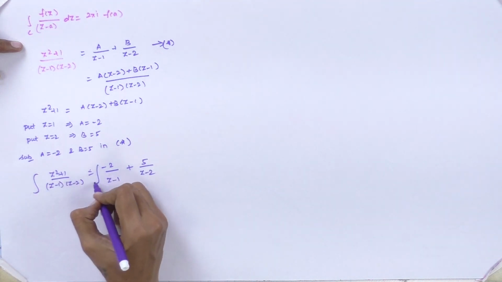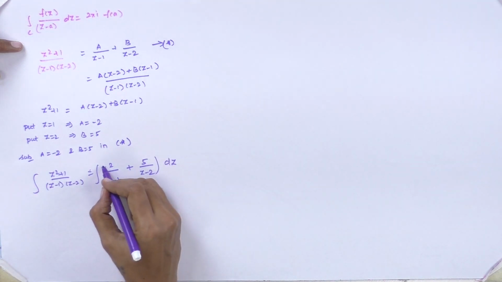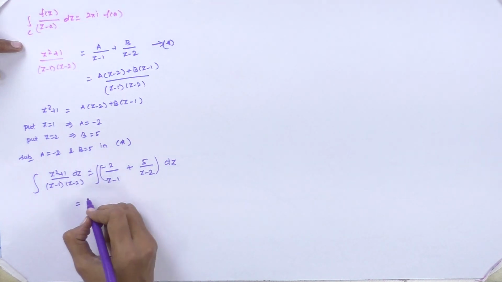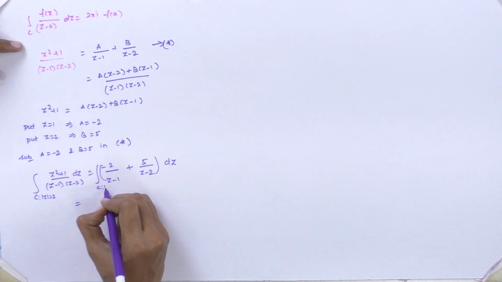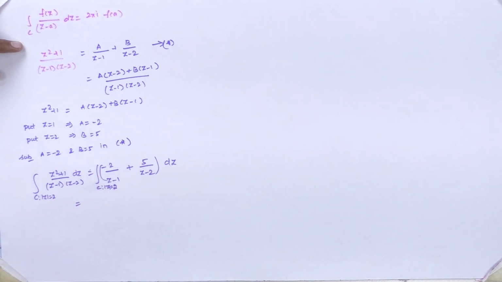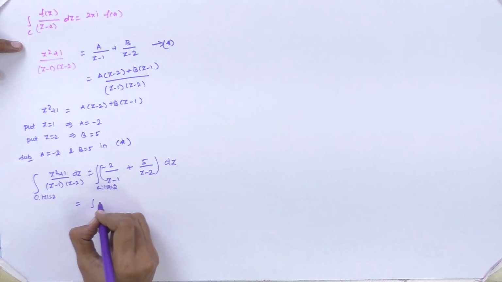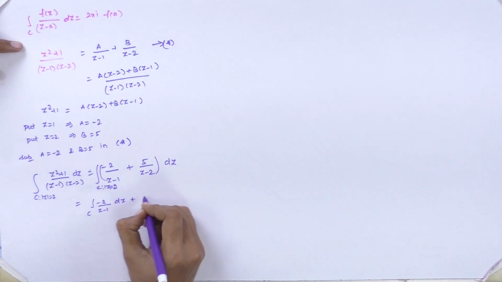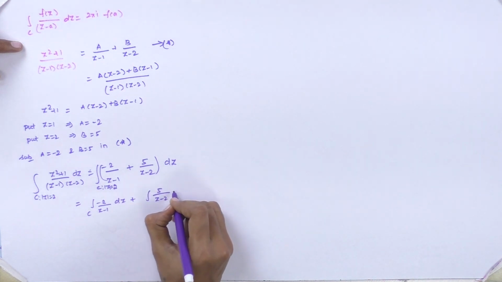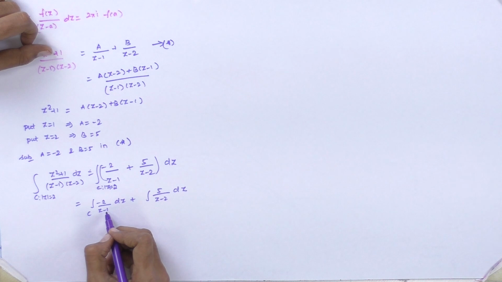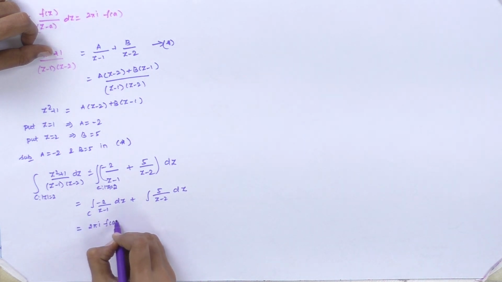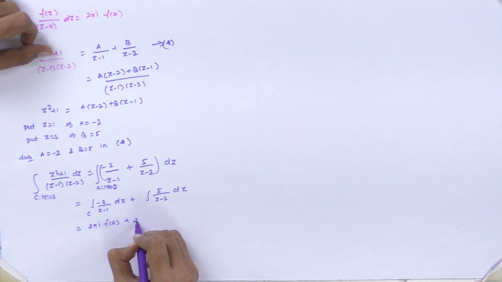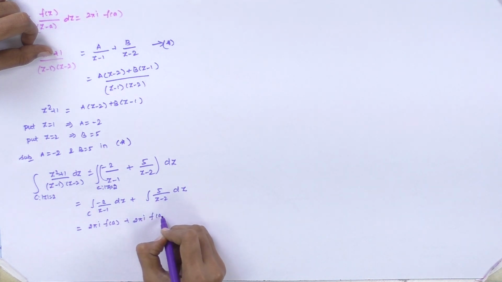Now taking integration on both sides with respect to z, over the circle C such that modulus of z equal to 2, we can separate this into the integral of minus 2 by (z minus 1) into dz plus the integral of 5 divided by (z minus 2) into dz. Here the point z equal to 1 lies inside C, therefore the solution format is 2 pi i into f of a, plus here also 2 pi i into f of a.